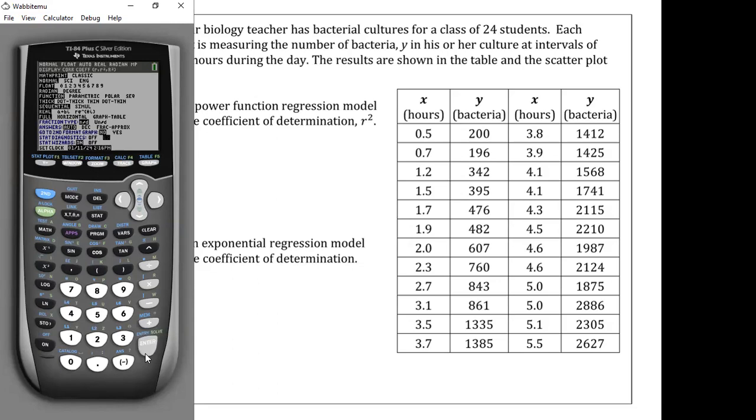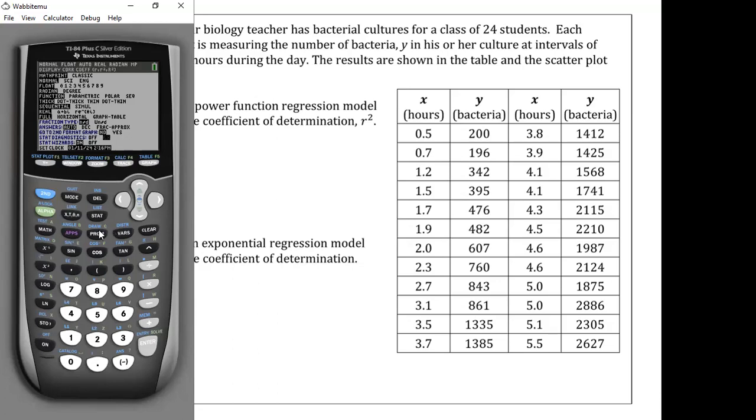Anytime you're comparing and trying to see if it's the best fit, you need your R squared. And the only way to get R squared without having to do it by yourself is making sure it's on. So can we just always keep it on? You can. It used to always be on, and then for some reason Texas Instruments decided to give this an off feature. So it's on. Now I'm going to run power.